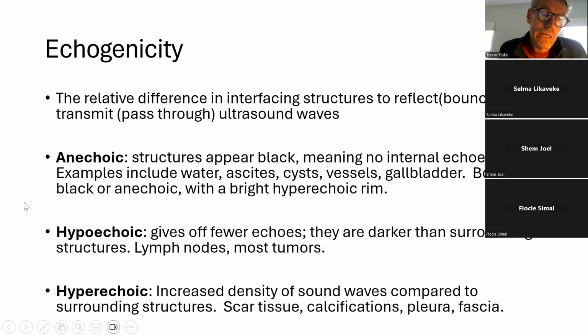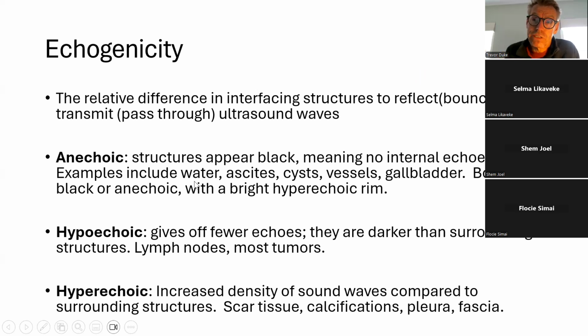That's the general concept of echogenicity, but there are broadly three degrees of echogenicity. When you look at an ultrasound scan, anything that looks entirely black is called anechoic. That means the sound waves can't pass through it, and there aren't any internal echoes within the structure.